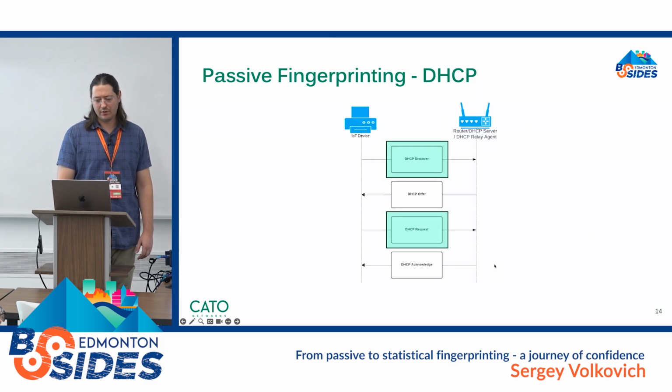Continuing to the DHCP protocol. IoT devices, when they connect to a network, want to get some configurations. For example, what's their IP, what's the gateway IP, the DNS server. So they send DHCP packets, which can contain very useful information.